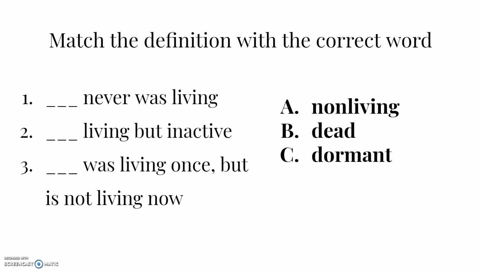What about the next one? Living but inactive, meaning that it was once living and it has the potential to become living again if you put it in the right environment. And the last one, it was living once but is not living now. So at one point in history, yes, it was living, but it is no longer living, it's not going to live again. How would you match up these definitions?